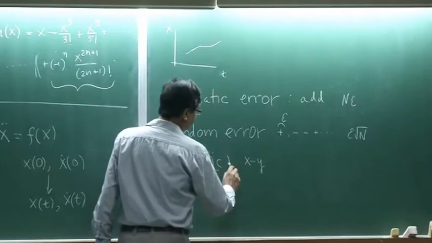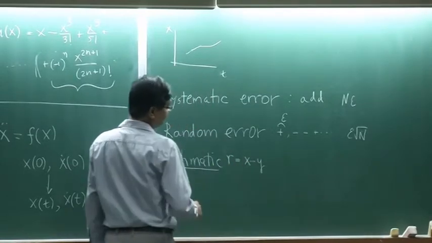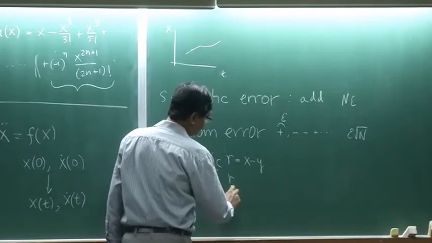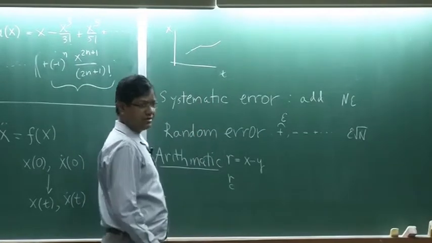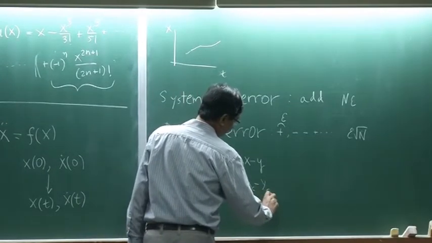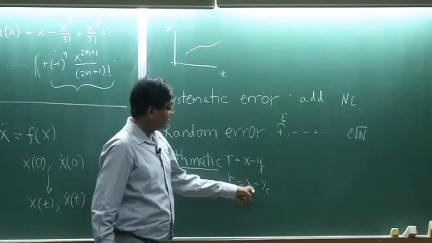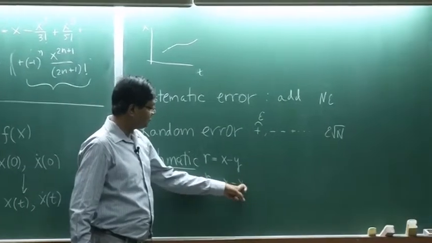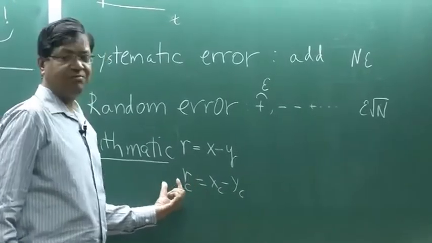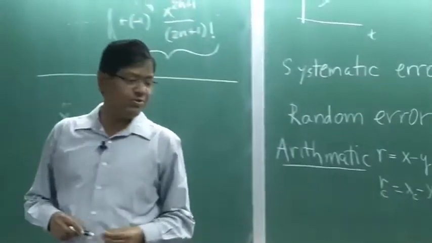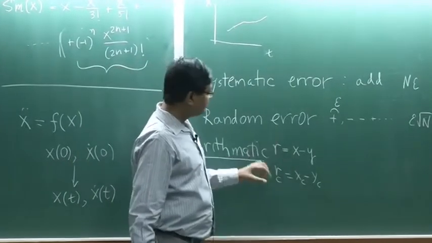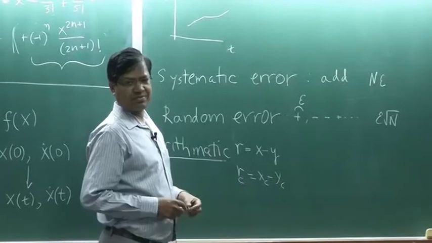The exact value is r, which is r equal to x minus y, but my computed value, C for computation, my value of x is xc and y is yc. Okay. So, this computed value and this computed value for y, the difference will be rc. Now, this is what I will get in a computer, not this. Now, let us estimate what rc is.